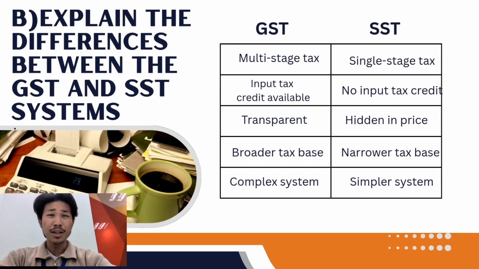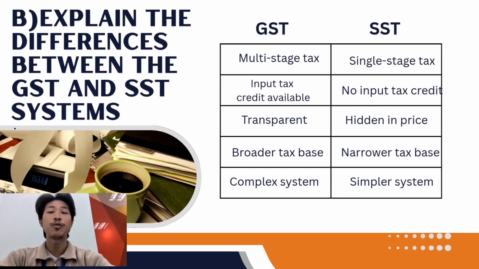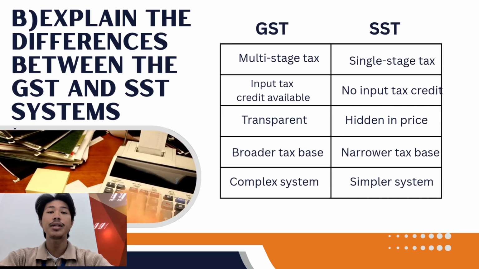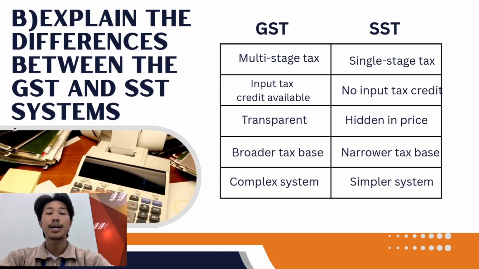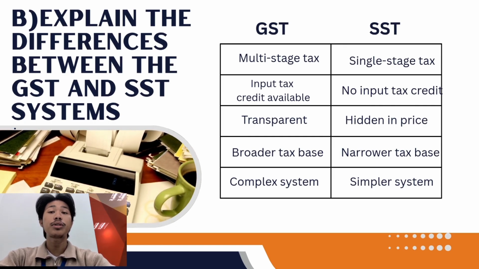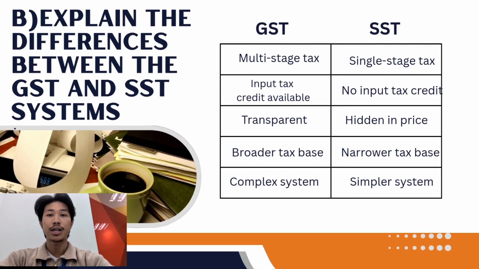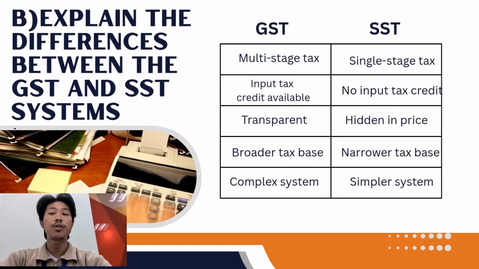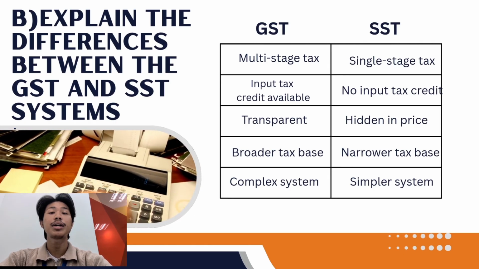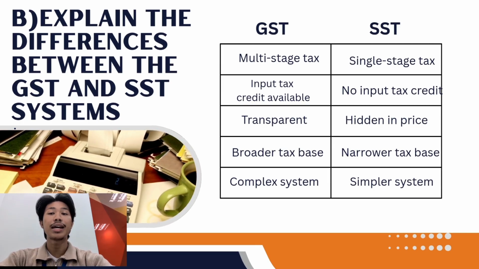Next, SST does not have this input tax credit, limiting the cost base around tax. GST is also more transparent, as you can see the amount of tax on your invoice, while with SST the value of the tax is hidden amongst the price of goods and services.